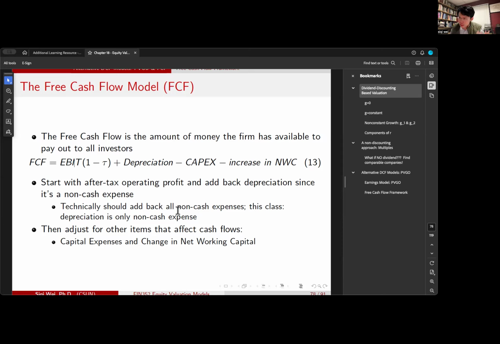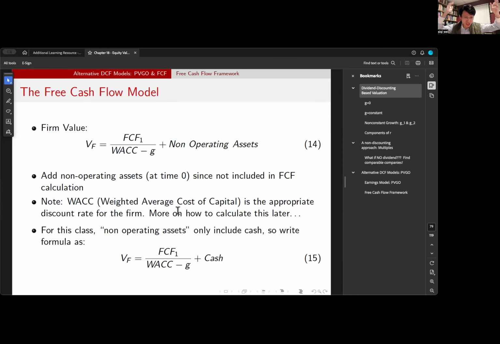So suppose this is the input. What are we going to do? We are going to calculate the firm value, and that is the discounting process of firm free cash flow with the appropriate discount rate. That discount rate is something very important.